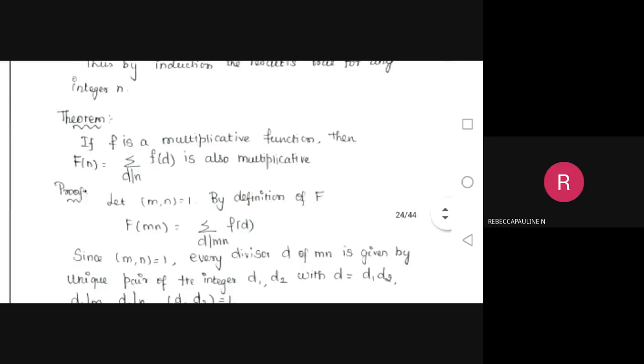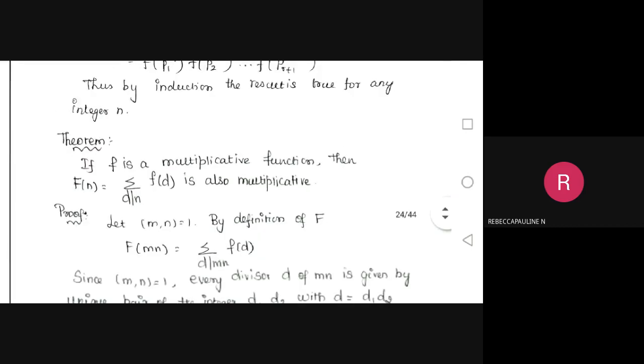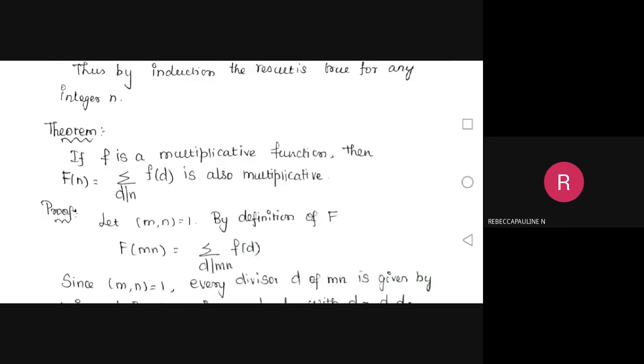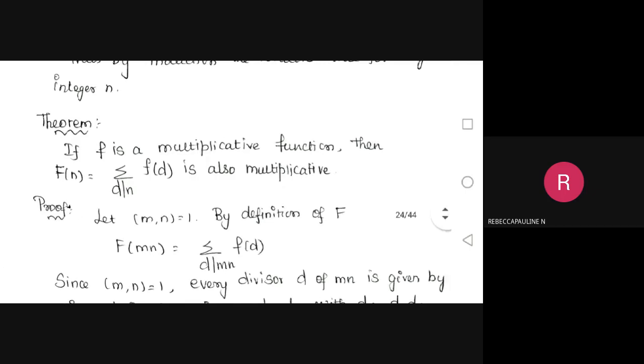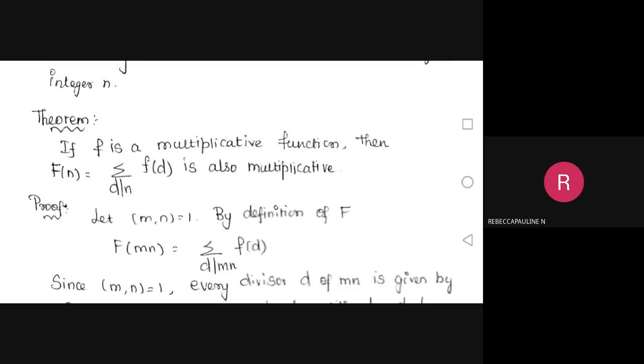Now, in continuation, we have to see a theorem. If f is a multiplicative function, then capital F of n equal to summation d divides n f of d is also multiplicative. So let the GCD between m and n be 1.